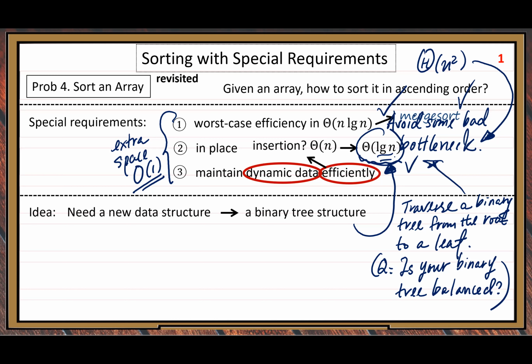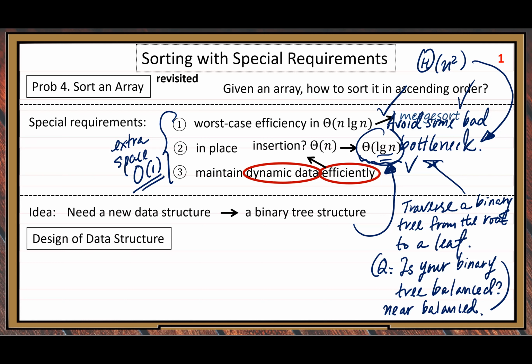Only when your binary tree is near balanced. We do not require it to be most balanced, we just consider near balanced. Then we can get that log n efficiency. All right, so that's the binary tree structure.